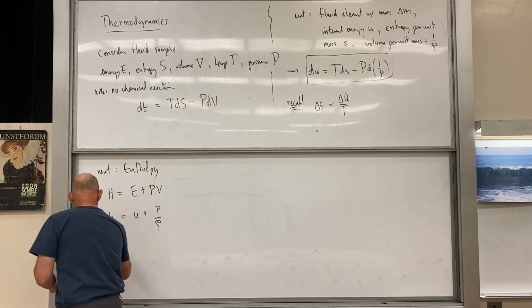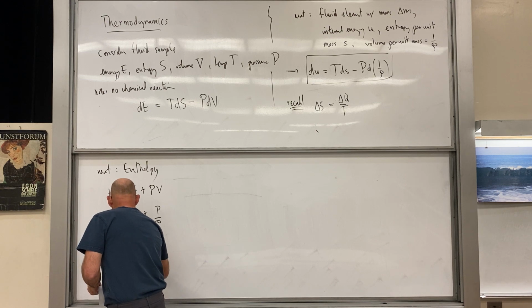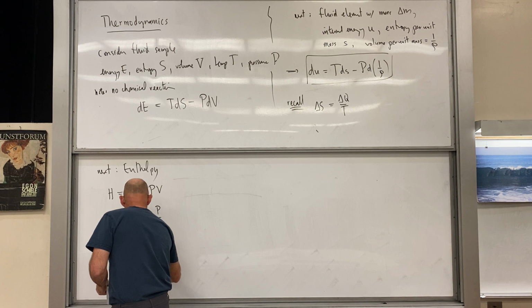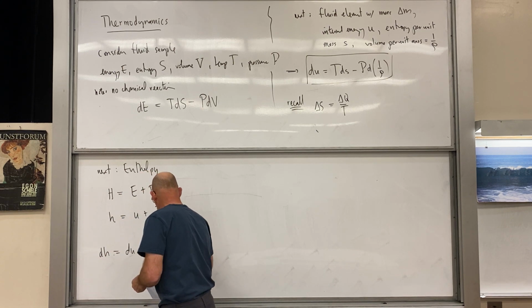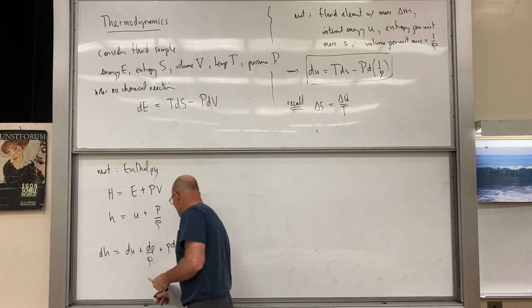So then dh is equal to du plus dP divided by rho plus P d(1 over rho).